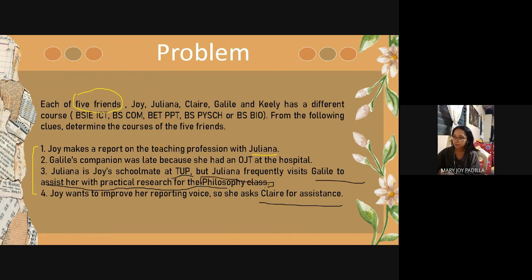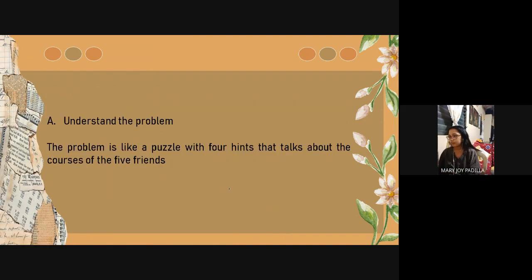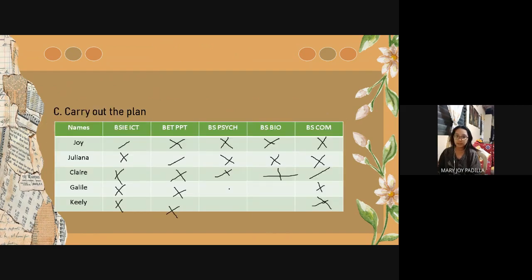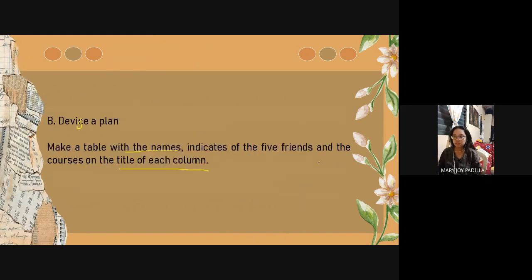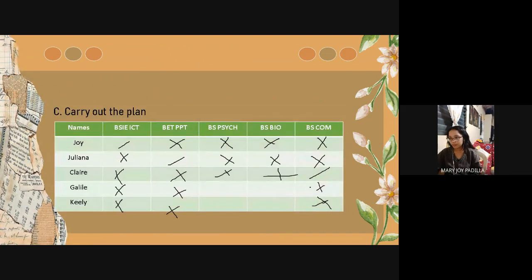Alam ko may philosophy rin naman sa BS Bio, but pag philosophy kasi, indicate na siya sa BS Psych. So, obviously, ang kasama ni Galilee sa ating second clue ay si Kylisa. Siya ang nag-OJT sa hospital, which is siya ay BS Bio. So, Kylisa is a BS Bio and Galilee is the BS Psych.